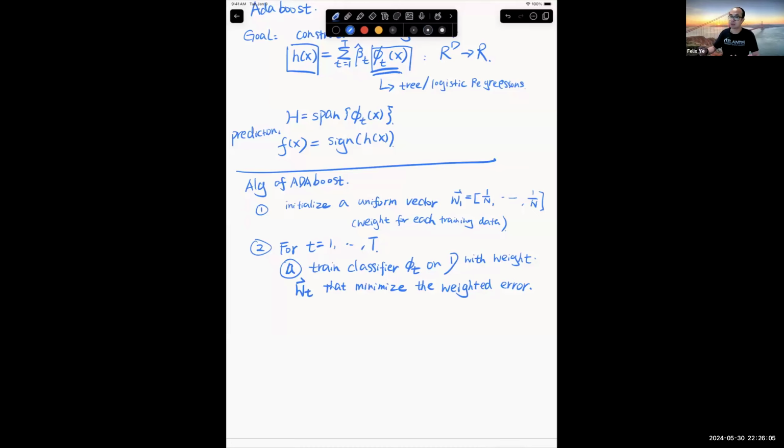What does that actually mean? This is a slightly different way to train classifiers. We are going to take the whole training data set, but we're going to assign each data point a different weight. That weight is given by Wt. With that, I want to minimize the weighted error, rather than our traditional training error where we treat each data point uniformly.